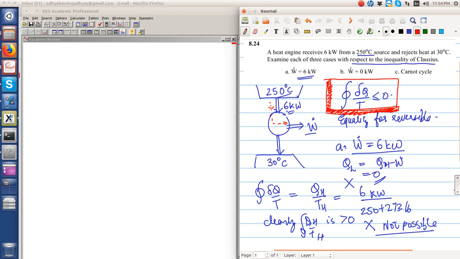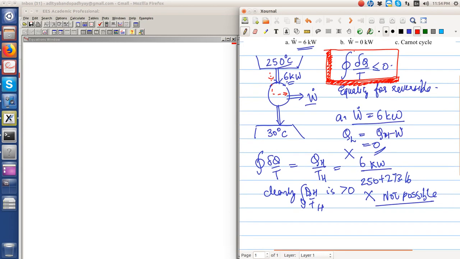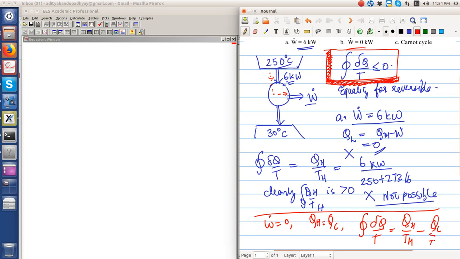That is not possible. The second case is when W dot is equal to 0. So when W dot is equal to 0, QH equals QL, and the closed integral of del Q by T is equal to QH by TH minus QL by TL.